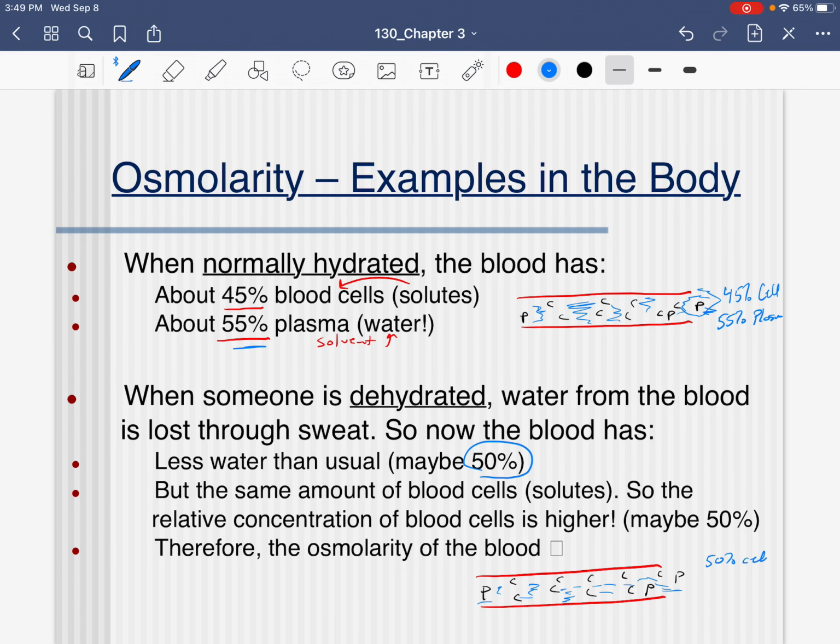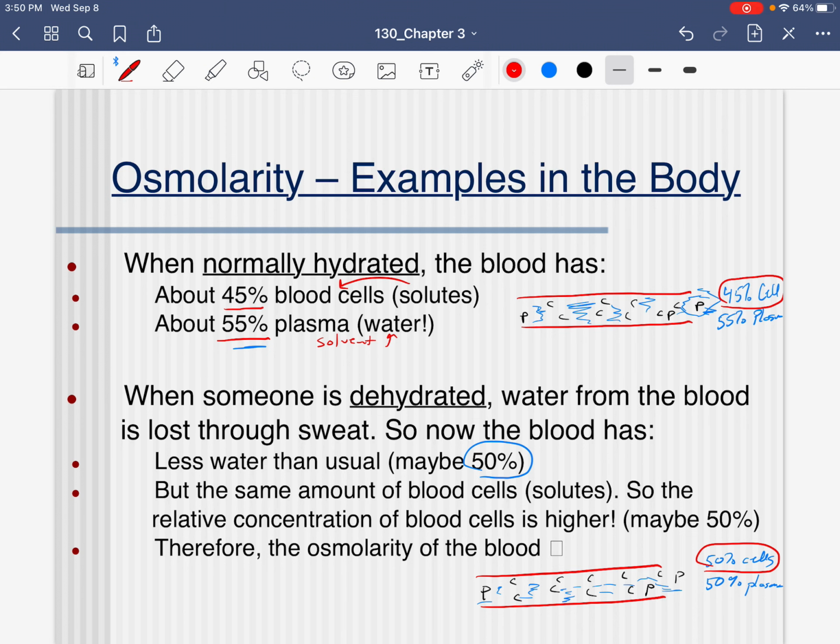So now the cells make up 50% of the blood, and the plasma makes up only 50%. Well, what happens to the osmolarity? The osmolarity is the concentration of the solute. Here, the solute is 45%. Here, the solute is 50%.